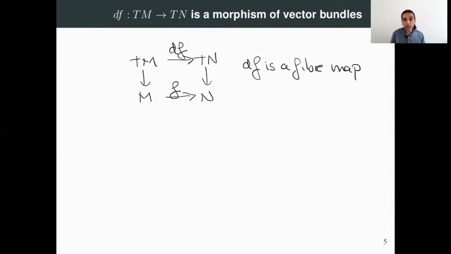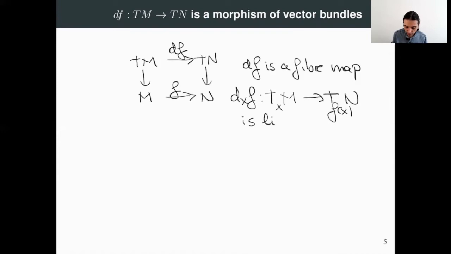If we look at the restriction of this map to a fiber, in other words, to a tangent space of M at a point, this differential is a linear map for every point x.